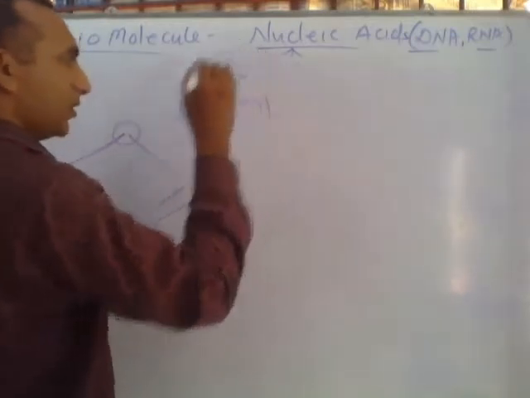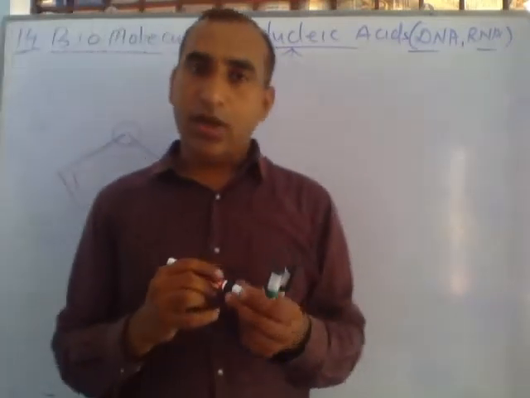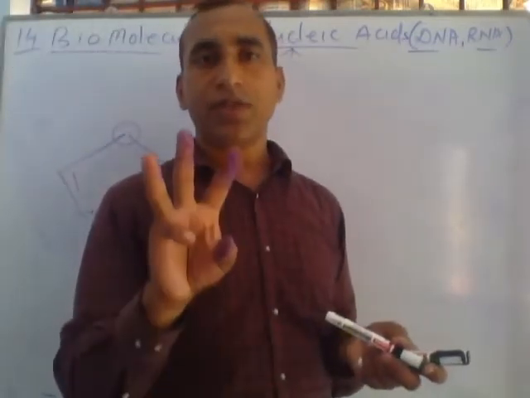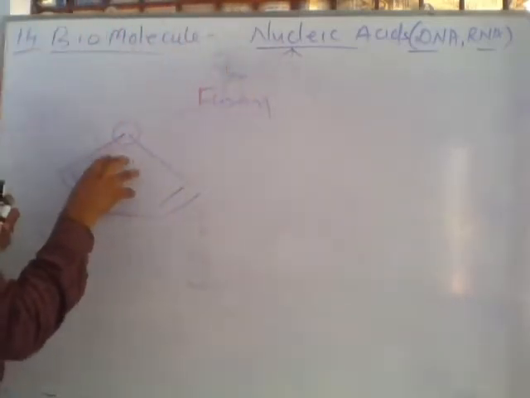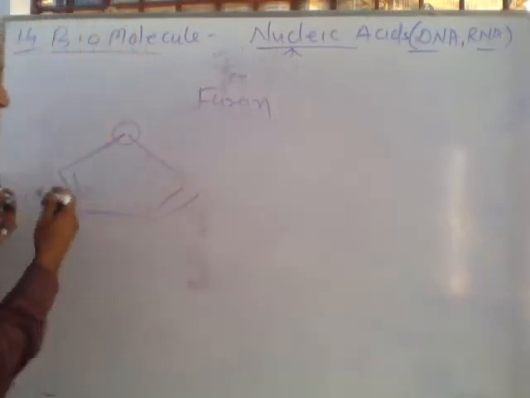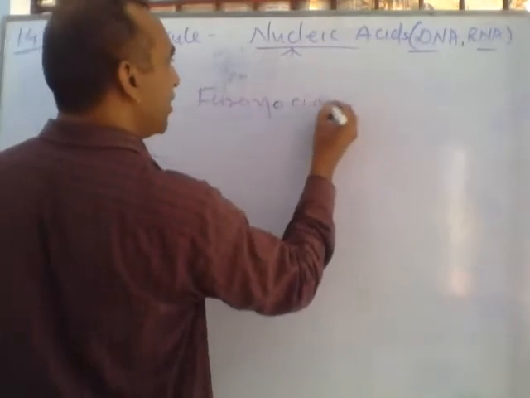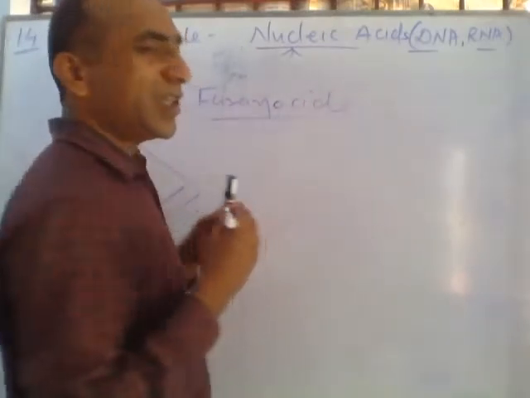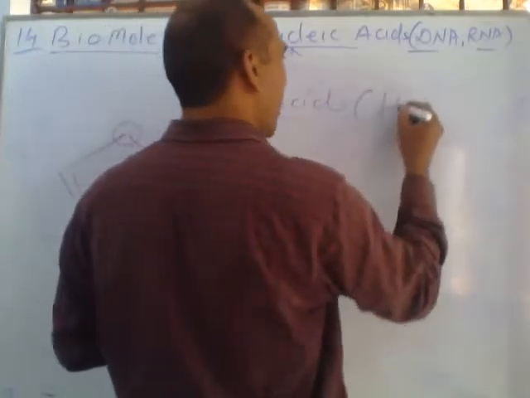The structures of ribose, deoxyribose, and also fructose, these three compounds belong to this type of cyclic structure given by Haworth. So these compounds are called furanoside compounds. Otherwise, we can say their structure is the furanoside structure given by Haworth.